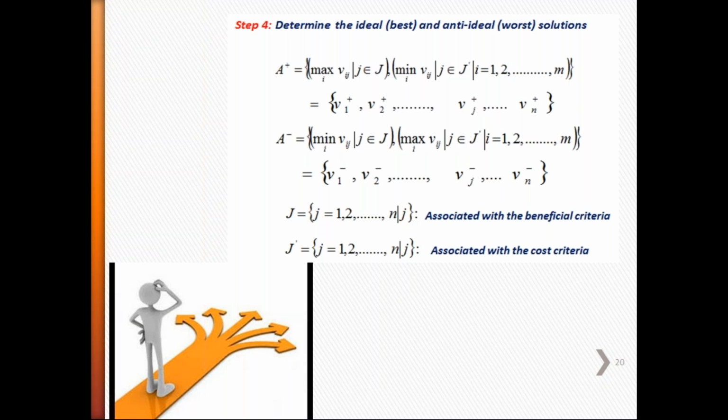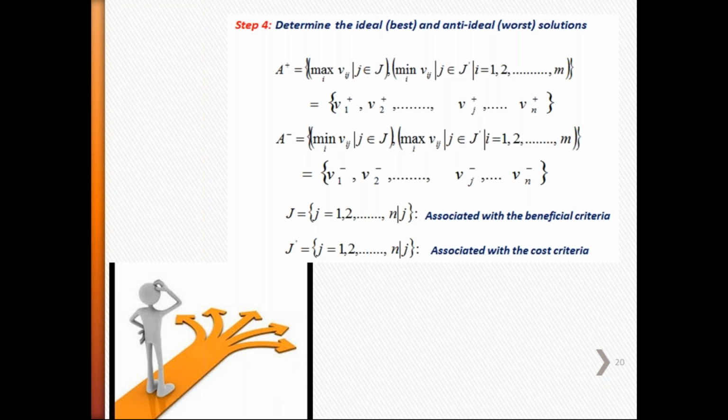You can understand that in this step we are considering criteria conflict, and the ideal and anti-ideal alternatives are selected in such a way that the ideal alternative maximizes benefit criteria and minimizes cost criteria, and the anti-ideal alternative minimizes benefit criteria and maximizes cost criteria.